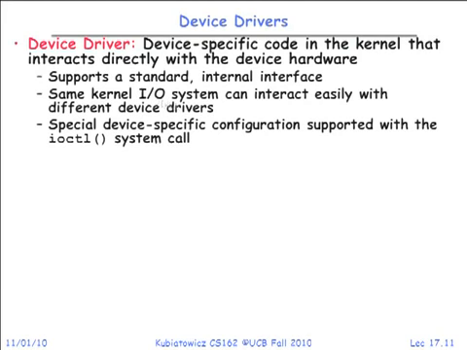Anyway, special device configuration, which is unique, typically is done in some completely out-of-band fashion. So for instance, in Unix, there's something called the ioctls. If you do a man on ioctl, you'll see about the most random collection of interface things you could possibly imagine, because different ioctls work for different devices.